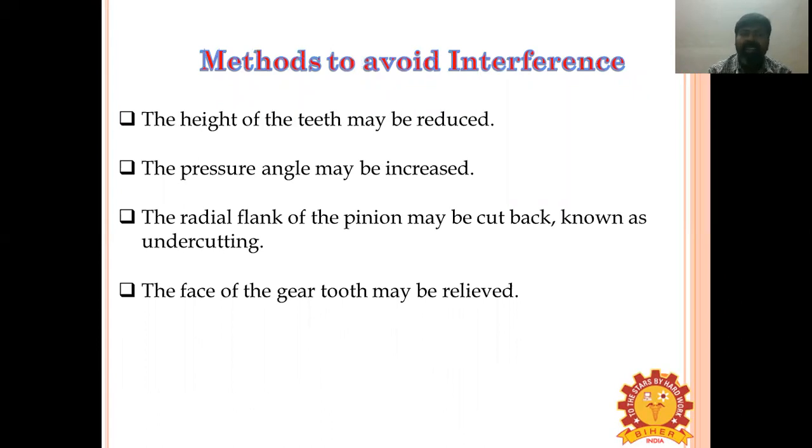And contact ratio. What is the contact ratio? Contact ratio is the ratio of the length of the arc of contact to the circular pitch. So what are the gear materials normally we are using? Generally, there are two types of gears, metallic gears and non-metallic gears.